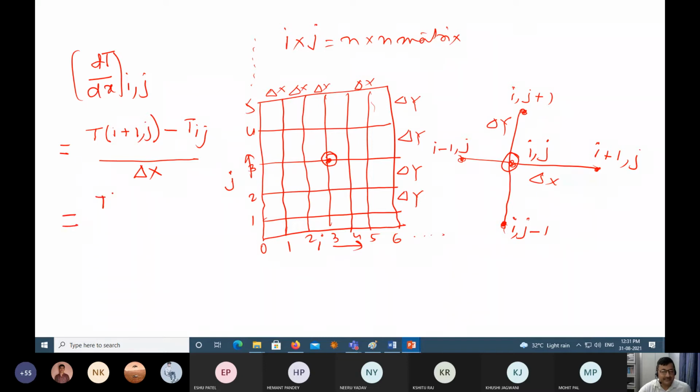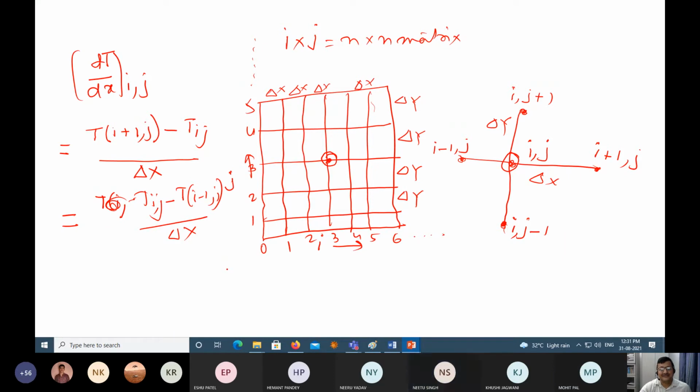I can also write T i j minus T i minus 1, j divided by delta x, right?